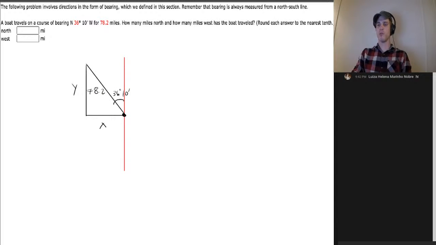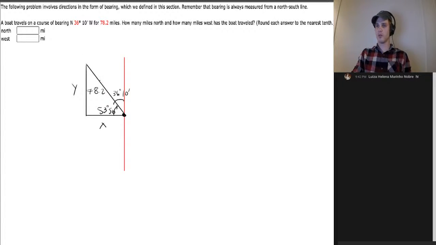And we can use 36 degrees, 10 minutes to find this, because this should be a right angle here. If we take 90 minus 36, we get 54, and we'll take another 10 minutes away from that. So actually what I have here is 53 degrees and 50 minutes.